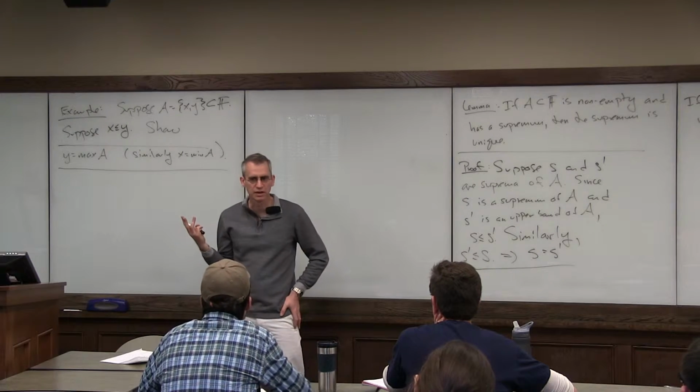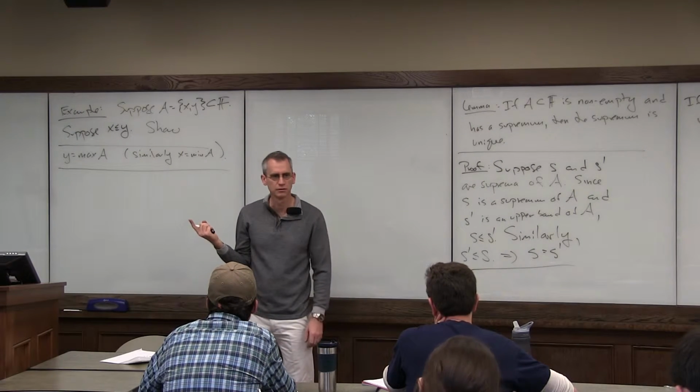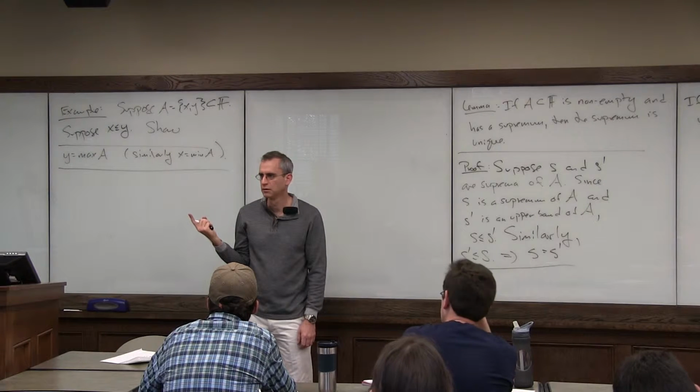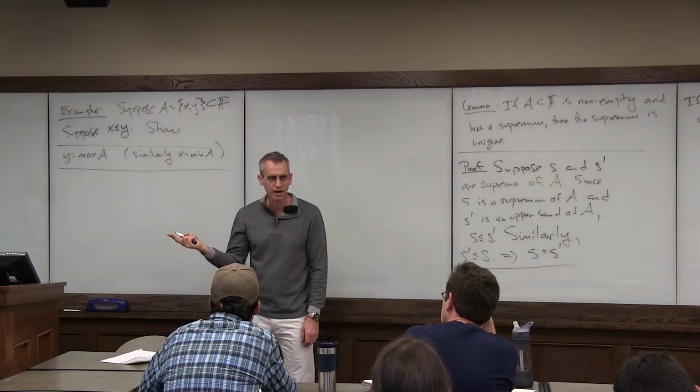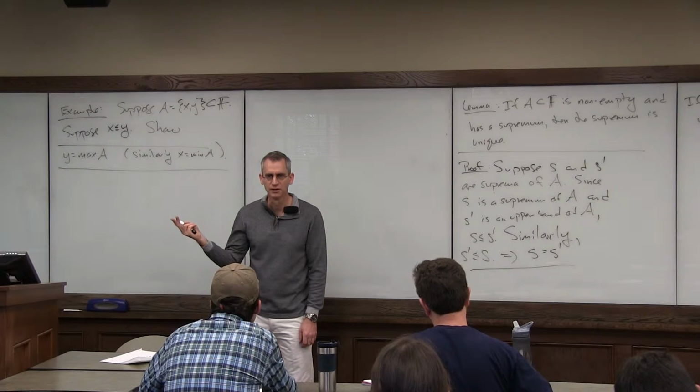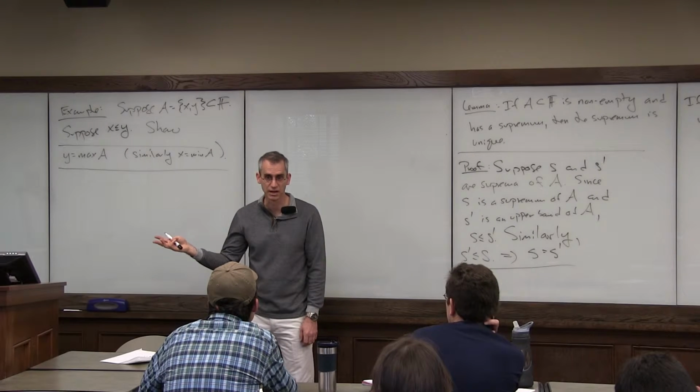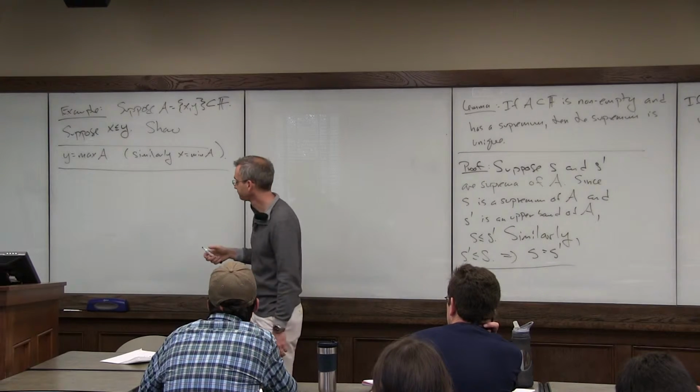What are the three things? What's the first thing we have to show? That it's an upper bound. Next thing, supremum. And third thing, in this case it's pretty trivial, but we have to show it's in the set to make it a maximum.